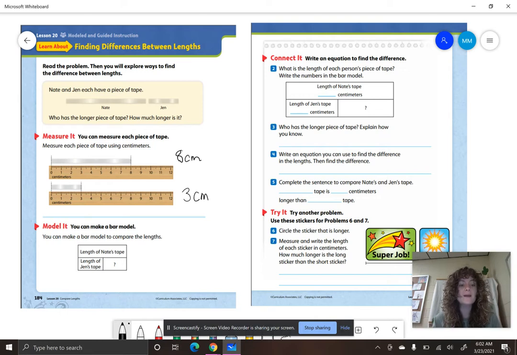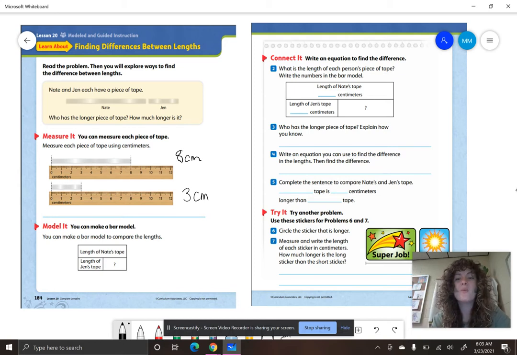So it says that we can make a bar model to compare lengths. When have we seen these kind of models before? Think about it. All right, it says that we can write an equation to find the difference. So we have used these models when finding missing parts or a whole.